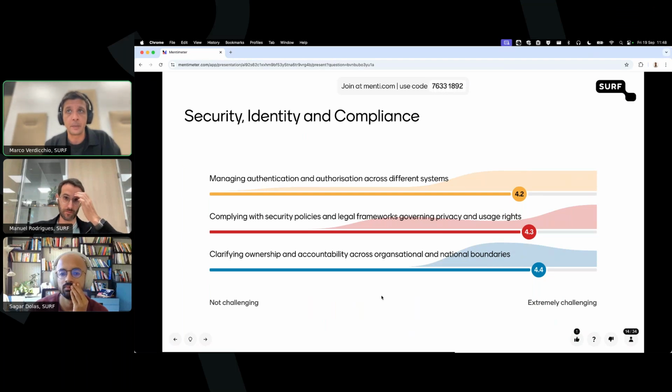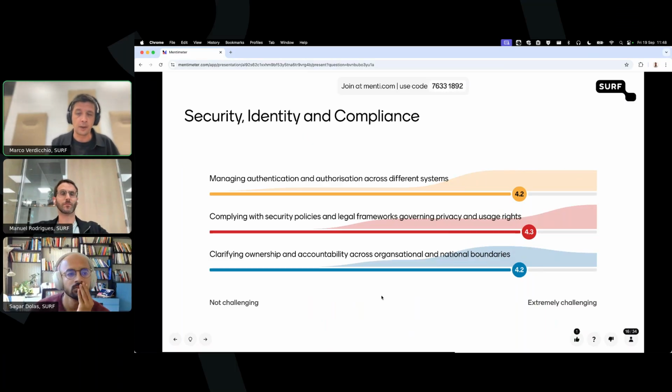And the last question is more on the ownership. So workflows are usually multi-component and not always the control is with the end user or the developer of all the components. How much do you see this as a challenge and critical for the workflow you work on.